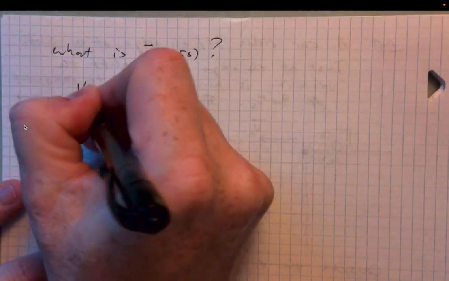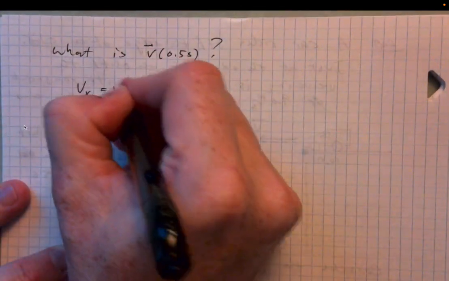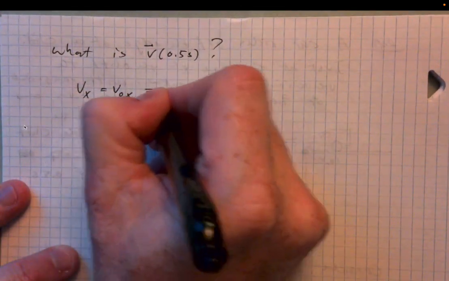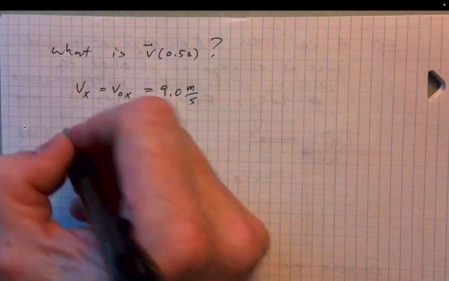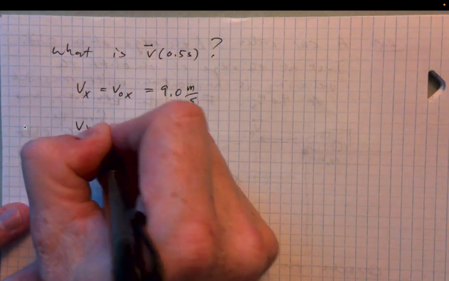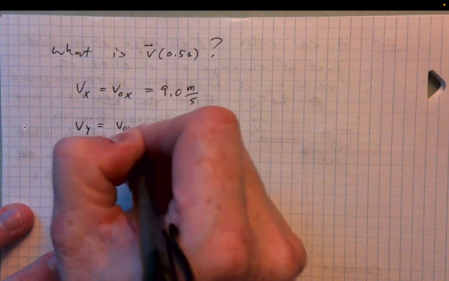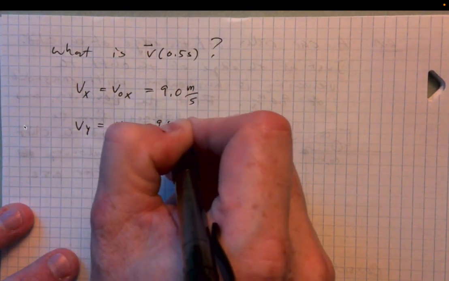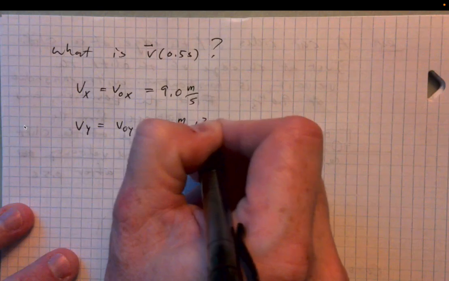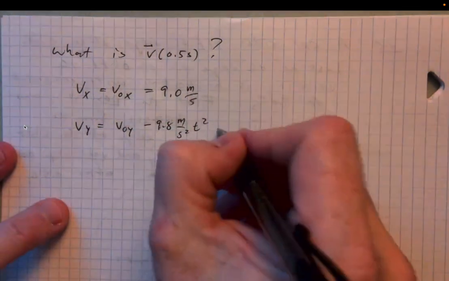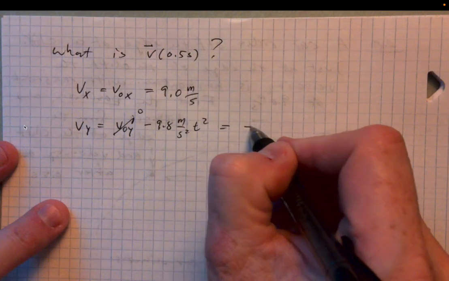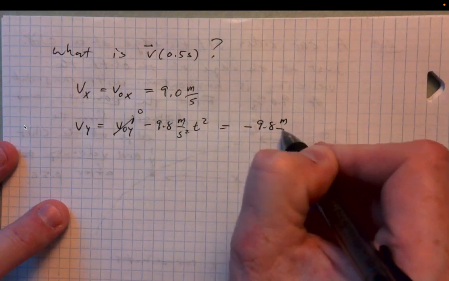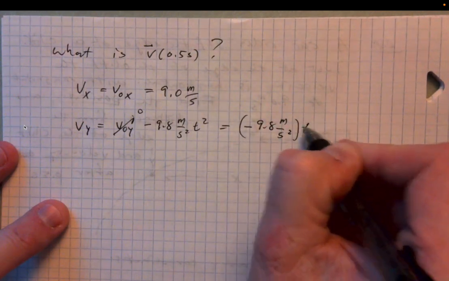So we said that the x component of velocity is constant, v0x, and so that's 9.0 meters per second. And we said that the y component of velocity would be v0y minus 9.8 meters per second squared times t. Right, and so that one actually cleans up. This is 0, and so this is just negative 9.8 meters per second squared times t.